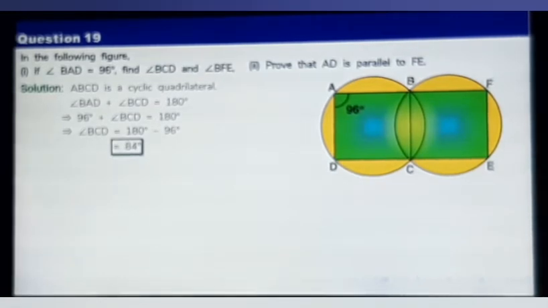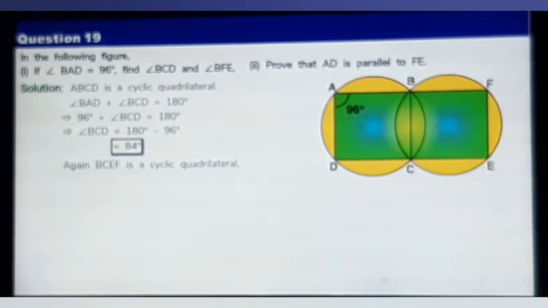Now the next thing we need to find is BFE, that is this angle. In the second circle also, B, F, E and C all lie on the circumference, so BFEC is also a cyclic quadrilateral. Now if I extend this CE, then this becomes your exterior angle.